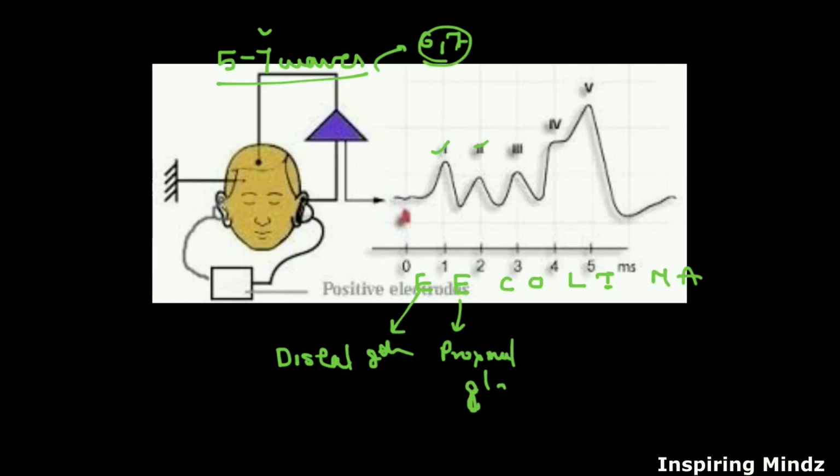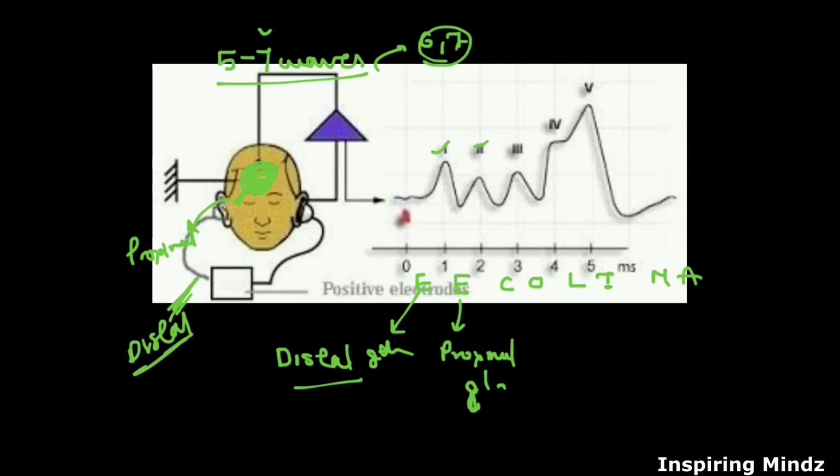Now, this is the point at which maximum people get confused. What do you mean by distal? What do you mean by proximal? So just consider, if this is your CNS, the nerve which is close to CNS is proximal. The nerve away from CNS is the distal nerve.